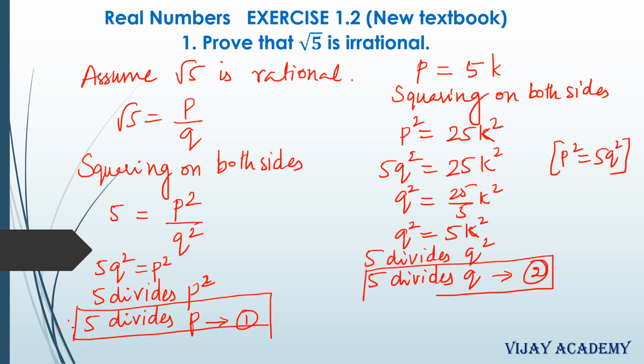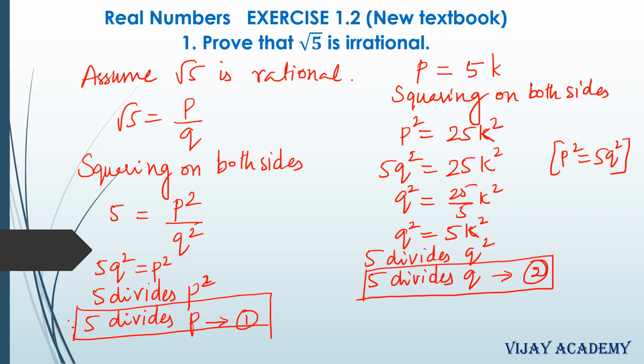But in the assumption we have taken p by q as a rational number. According to the definition of a rational number, p and q should be co-primes, but here we got to know that 5 divides both p and q. So this will contradict the assumption. Therefore we can write that the assumption is wrong, and therefore root 5 is irrational.